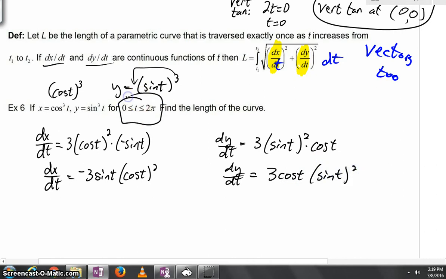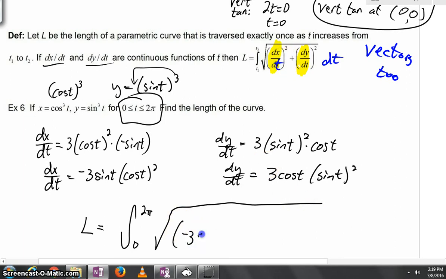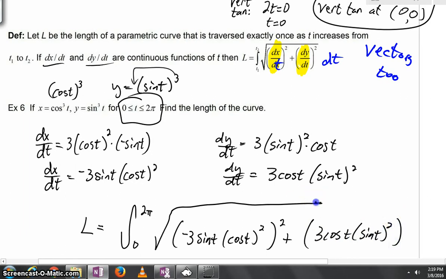We're integrating between 0 and 2 pi. So the arc length will go between 0 and 2 pi of, now I need dx/dt squared, so negative 3 sine of t cosine of t squared, and then you'd have to square that, plus dy/dt, that's 3 cosine of t sine of t whole thing squared, and then dt.